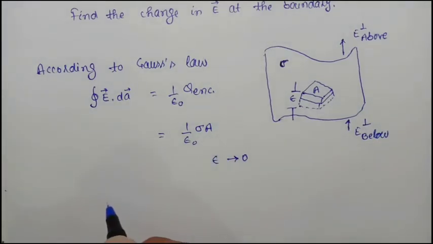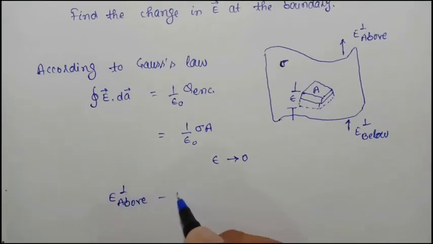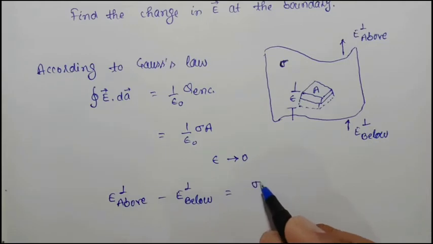So we can write here, E perpendicular above minus E perpendicular below is equal to sigma over epsilon naught.